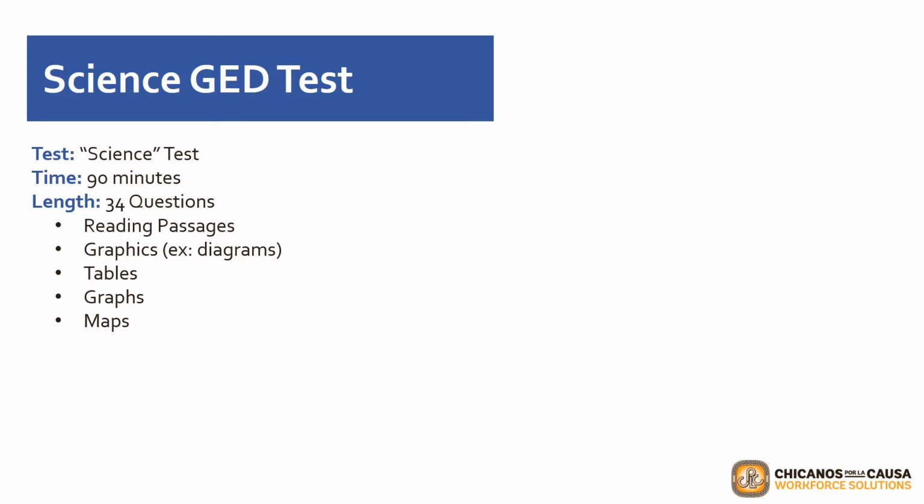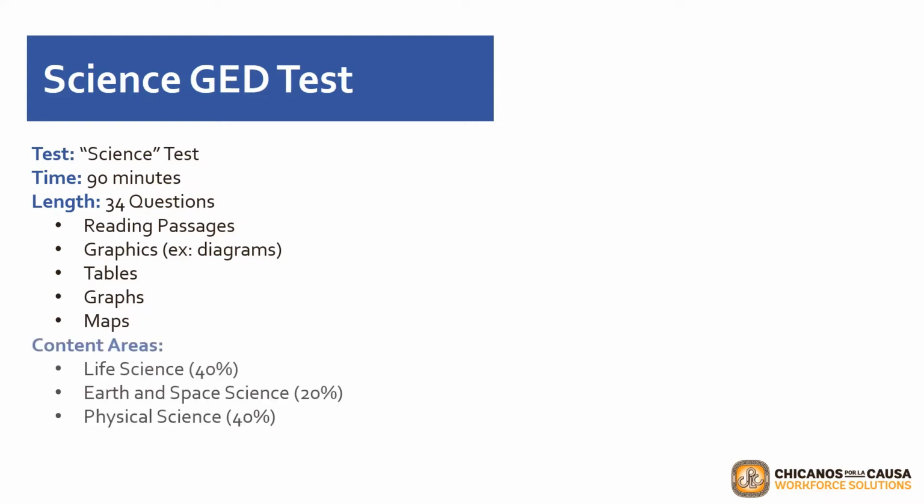Each of these questions will be split into 3 content areas. The content areas are life science, which will make up 40% of the test, earth and space science, which will make up 20% of the test, and physical science, which will take up the remaining 40% of the test itself.